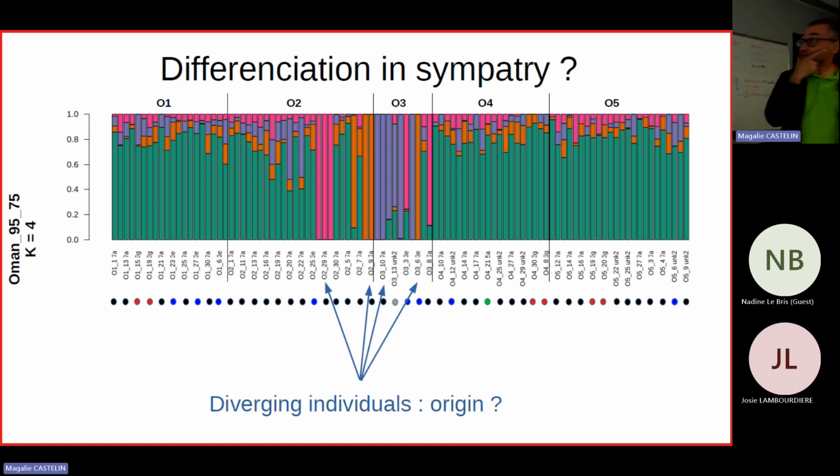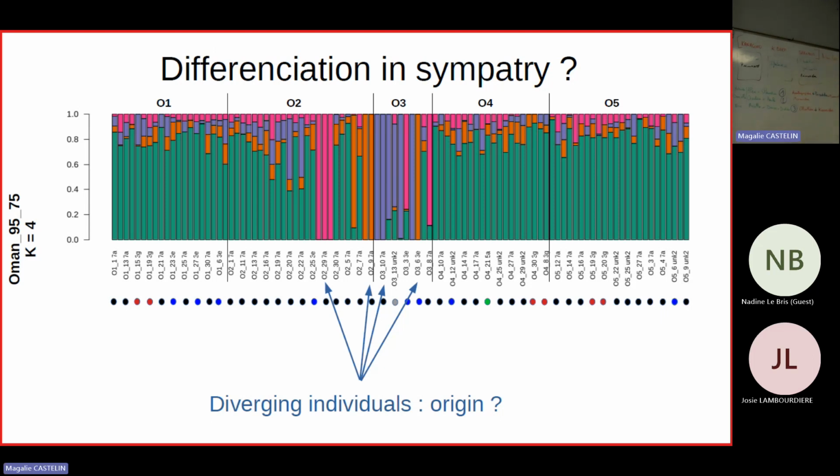So with RAD sequencing, I got something like that. Maybe you're not familiar with this. We really love that in population genetics. Each bar is a sample, a colony of Pocillopora, and the color corresponds to a genetic group.